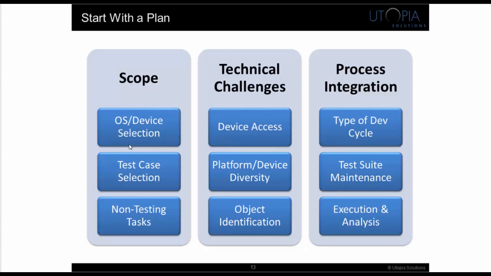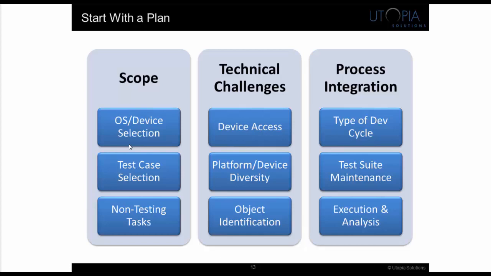So we talked about this a little bit before, but what operating systems and devices are we going to automate on? What test cases lend themselves to automation? And what non-testing tasks, but are still a part of the activities that we perform every day related to testing, like data setup, environment setup, maybe very tedious verification on the back end, that we might be able to automate as well.